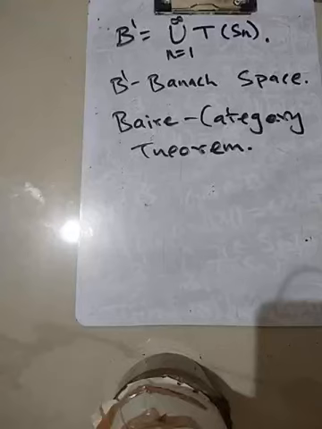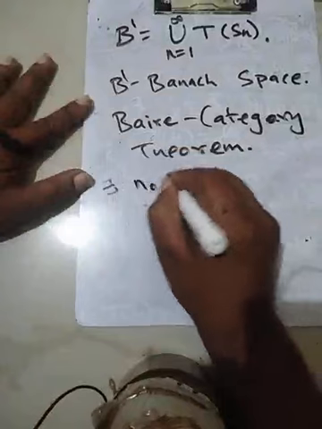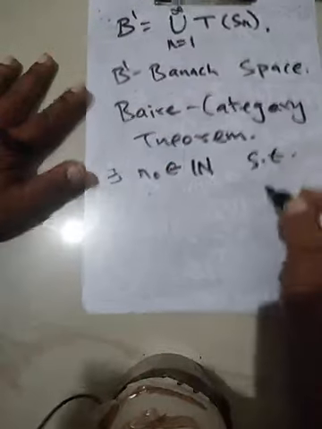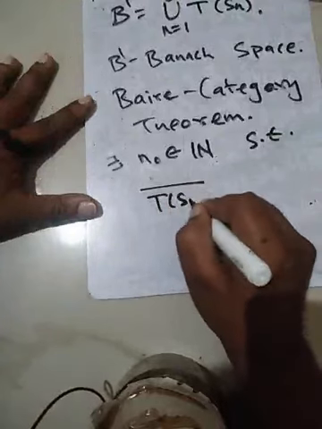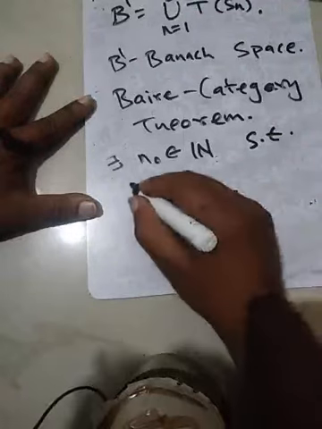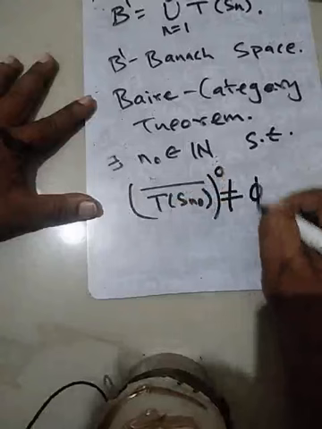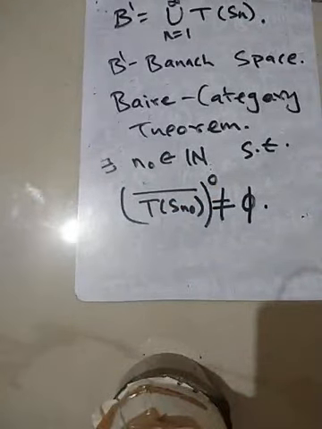In other words, a category 2 space cannot be written as a countable union of nowhere dense sets. Hence, because it has a non-empty interior, there exists an n0 belonging to the natural numbers such that the interior of the closure of TS_{n0} is non-empty.